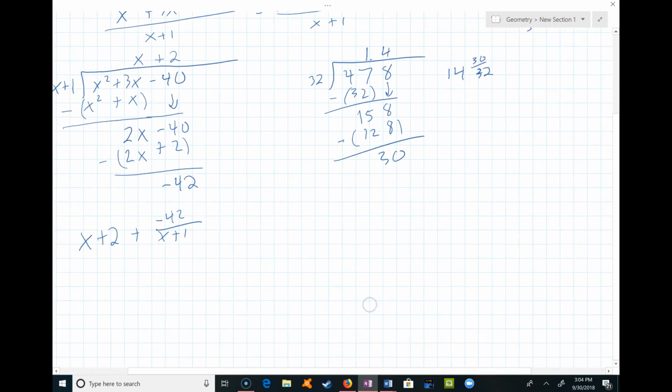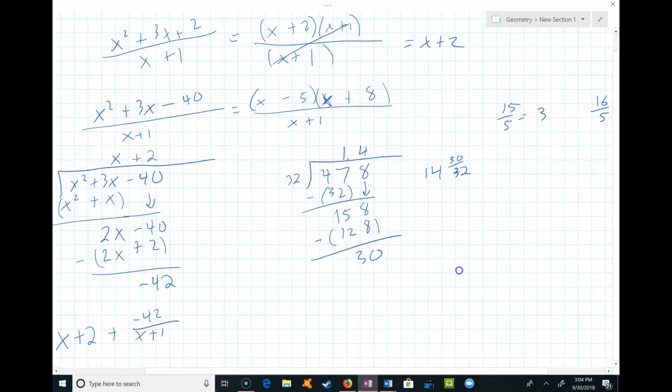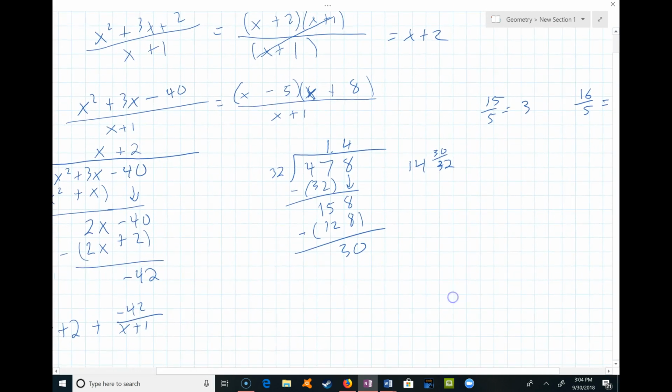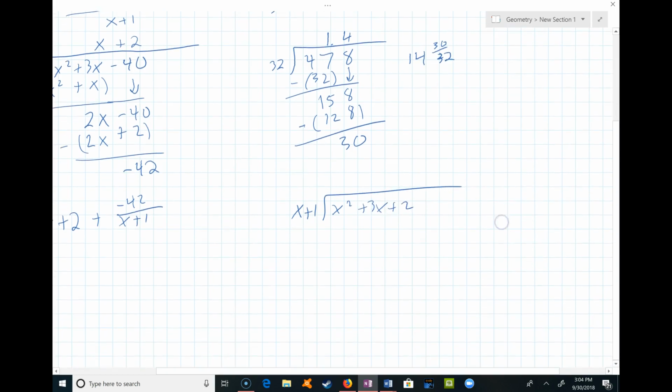Let's do one more. Actually, I want to show you what would happen if we did this first one using long division. Let's say we weren't very good at factoring and didn't notice that. x plus 1 will go into x squared plus 3x plus 2. We do the same thing. What times x equals x squared? The answer is x.